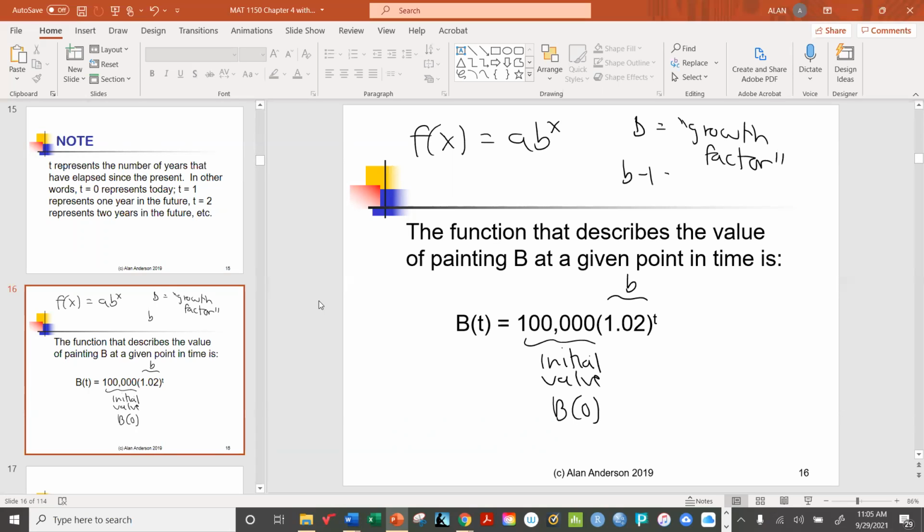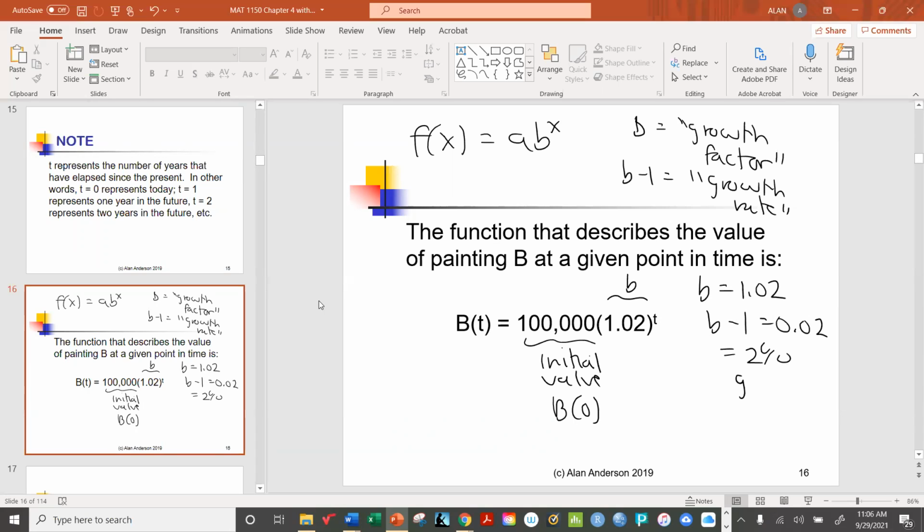B minus 1 is the growth rate. So if B is 1.02, B minus 1 is 0.02, which means a 2% growth rate. And the exponent is t because this value depends on what time we're looking at.